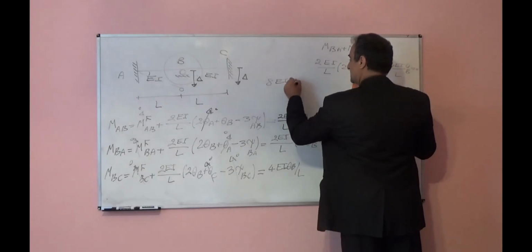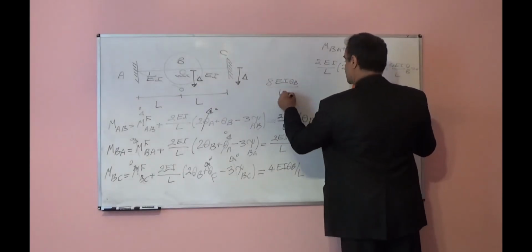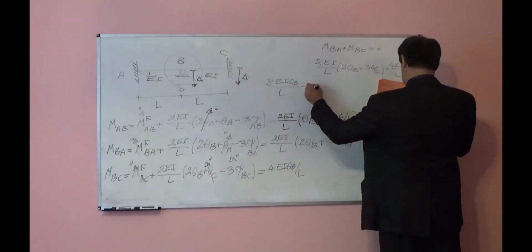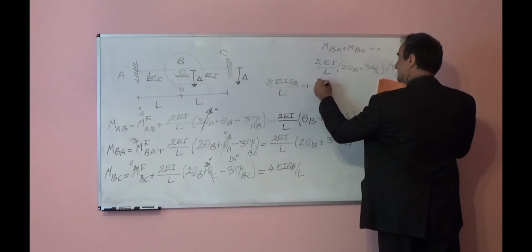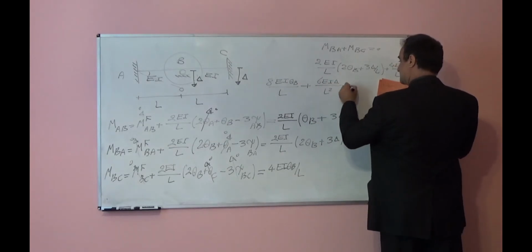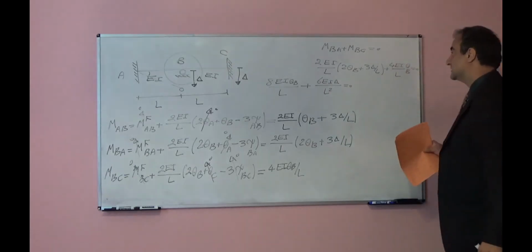8EI theta B over L plus 6EI delta over L squared is equal to 0.